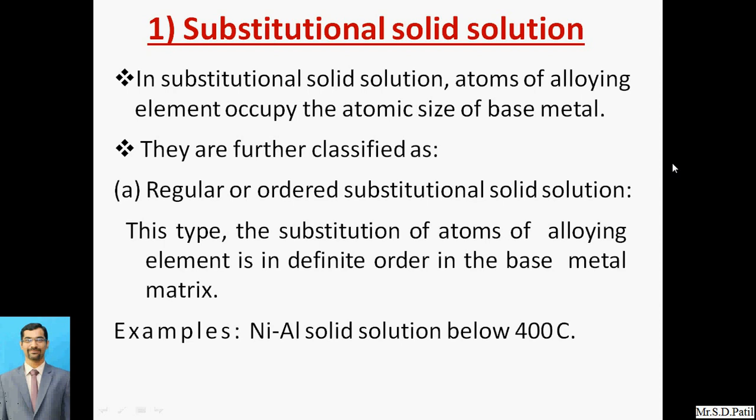So whatever content we are adding, it is in a definite order. So the nickel aluminum solid solution below 400 degrees Celsius is under the regular or ordered substitutional solid solution, in which the nickel in the aluminum is in a definite order.